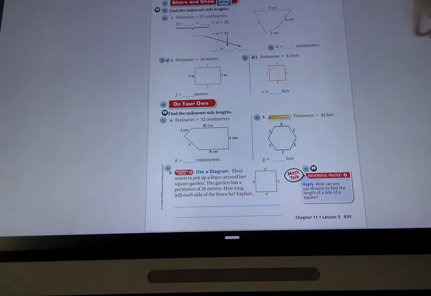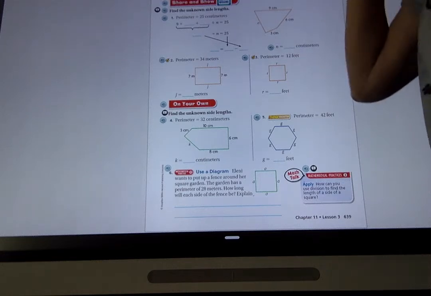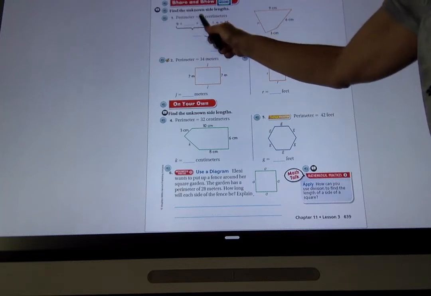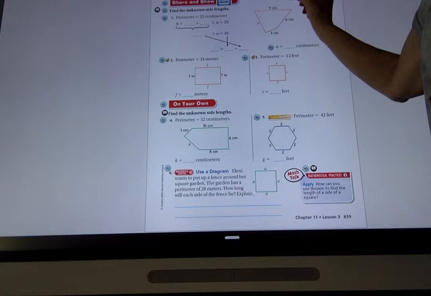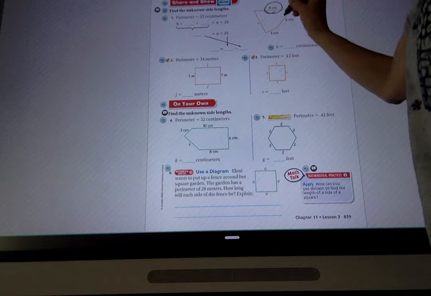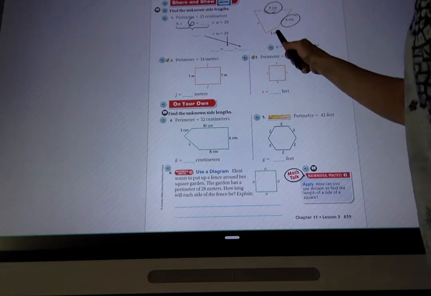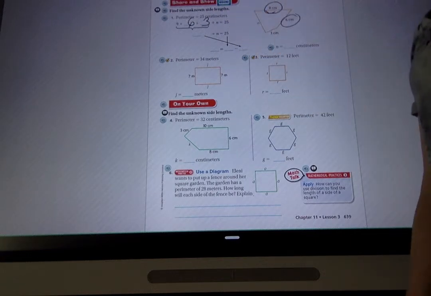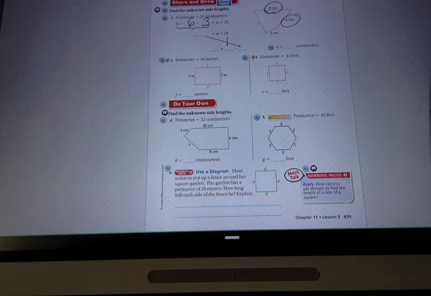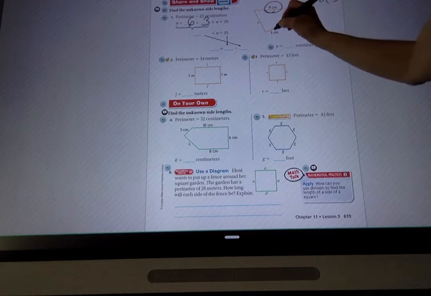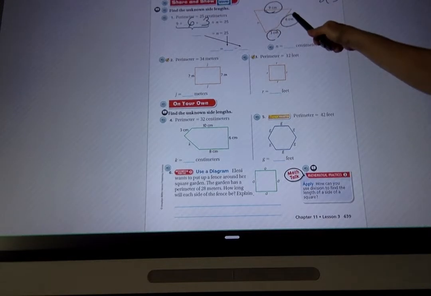So here you are going to be practicing some problems. Perimeter is 25, and this says 9 plus what plus what plus n. Well, here's our 9 plus 6 plus 3 plus what would give us 25? Remember inverse operation. I have my total 25, and now I'm going to add the sides that I know.